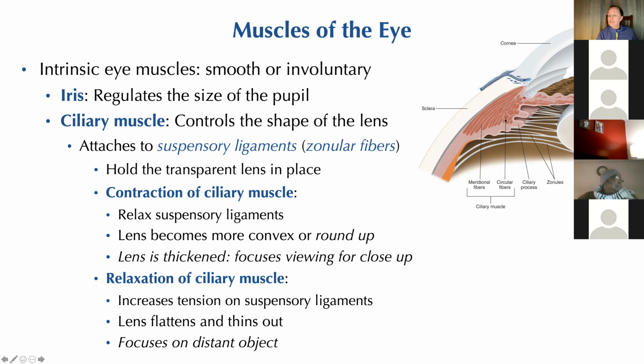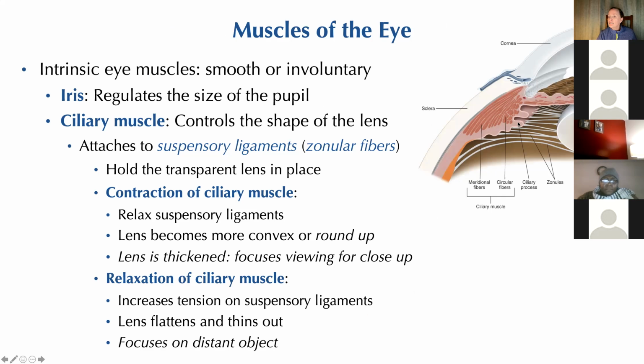Okay, so you have all these circular muscle fibers. And I'll go through this because it's not entirely intuitive. Attached to the ciliary body are these zonula fibers right here, sometimes called the suspensory ligaments as well as the zonular fibers.